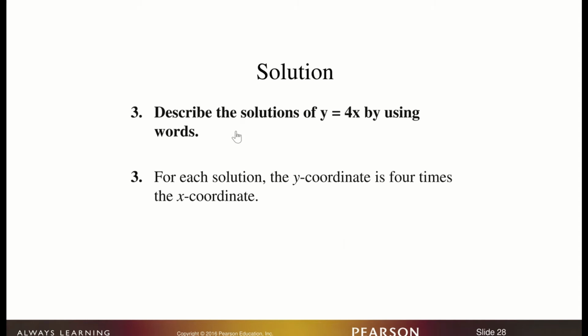To use words, we know that all the solutions of this equation are going to have the form (x, 4x), because the y value is always going to be 4 times the x value. So we can say for each solution, the y coordinate is 4 times the x coordinate. And there it is. We've just used the rule of 4 to describe the solutions of y equals 4x.